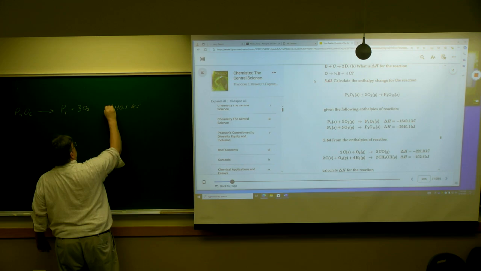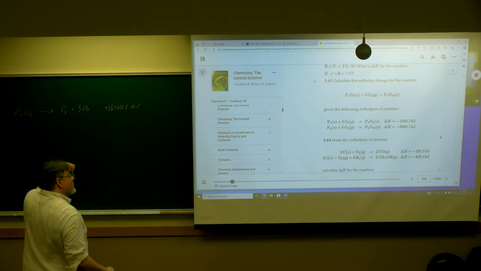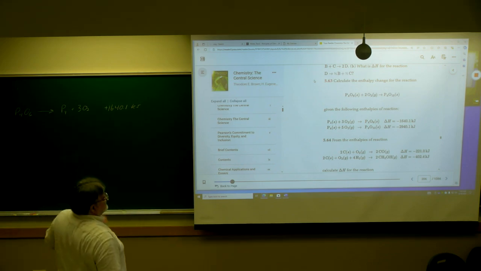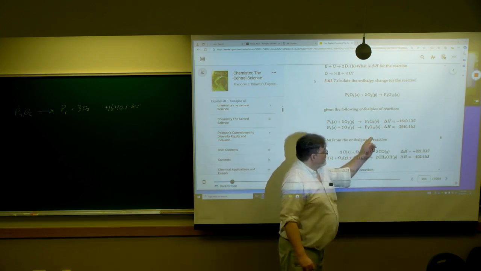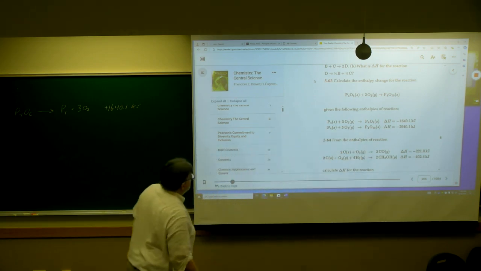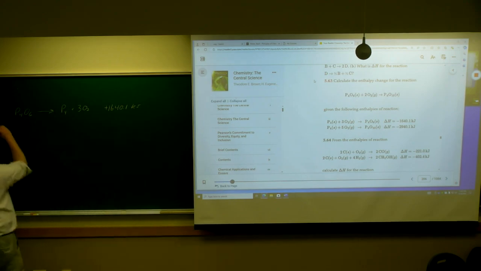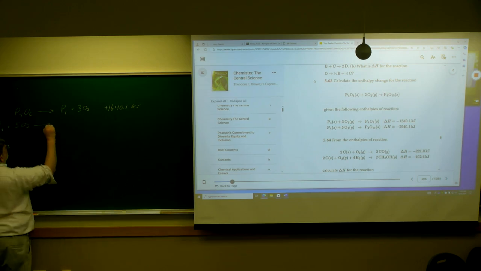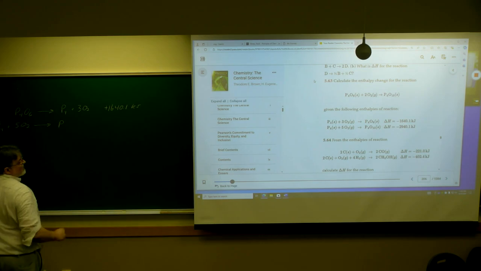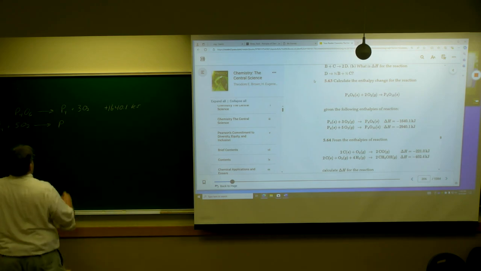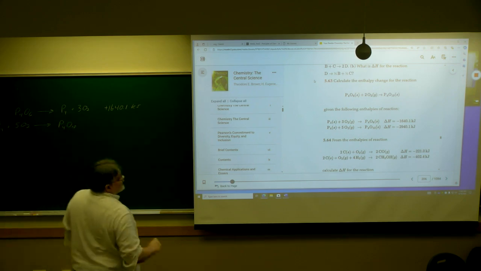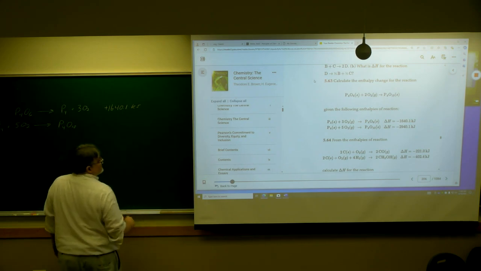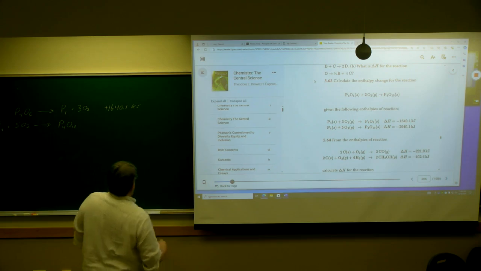And I'm going to make it positive now because I swapped it around backwards. I need P4O10 on the right. This one has P4O10 on the right, so I'm going to keep it how it is. P4 plus 5 O2 gives P4O10, and it is negative 2940.1.